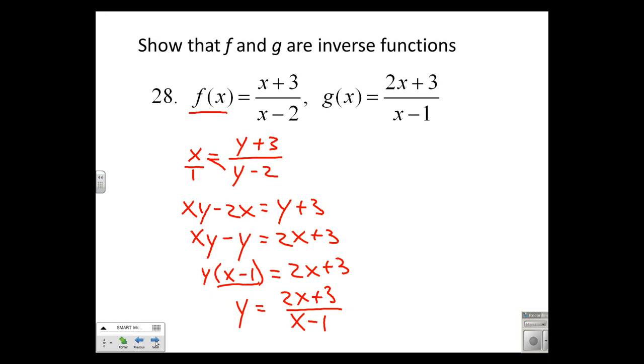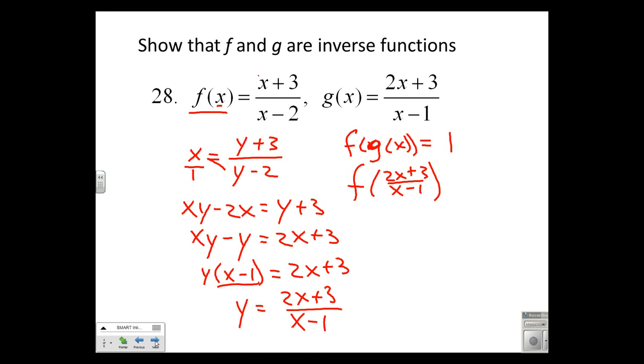So there is an option. The other option, as I mentioned, is f of g of x. Show that that equals x. And I'm going to start that, but I'm going to leave that to the viewer to check this. That would be f of 2x plus 3 over x minus 1.